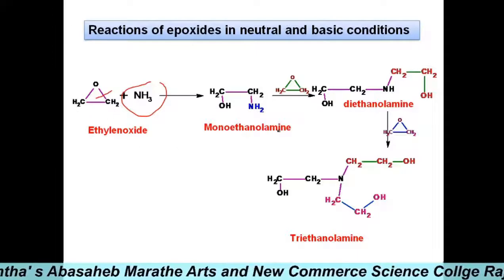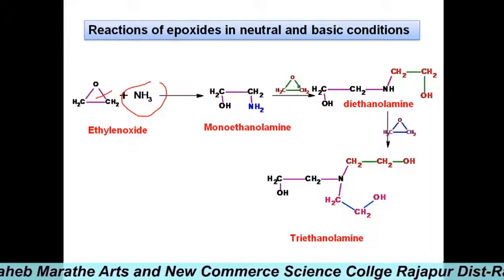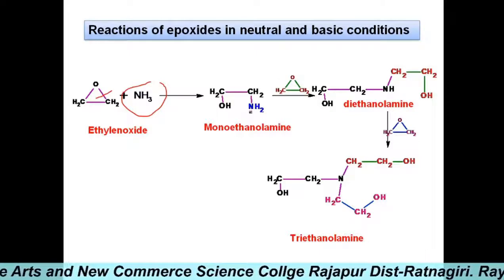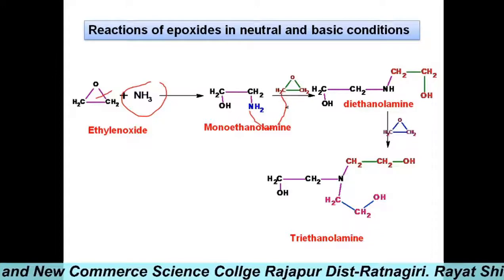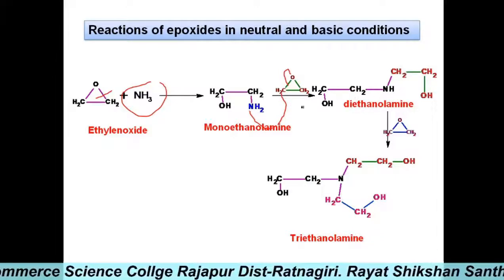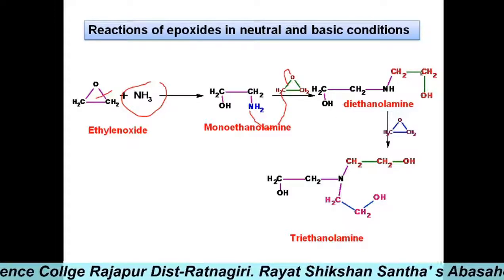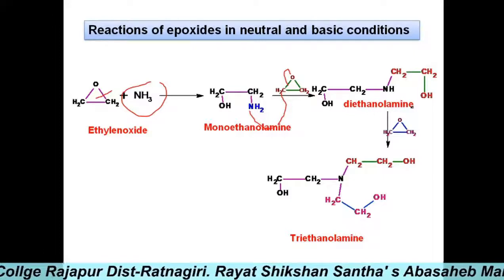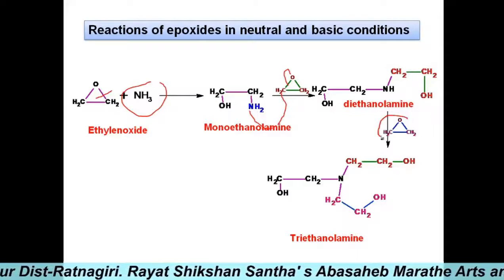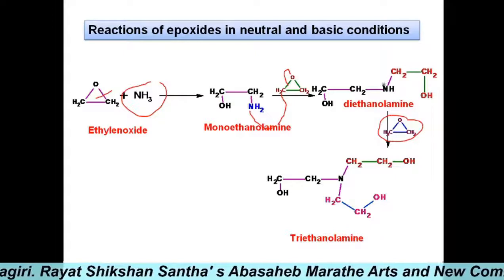This monoethanolamine is treated with another molecule of ethylene oxide. What happens? The lone pair of the nitrogen attacks this carbon, breaking the ring. So we get NH, CH2, CH2, the diethanolamine. Next, another molecule of ethylene oxide is added.